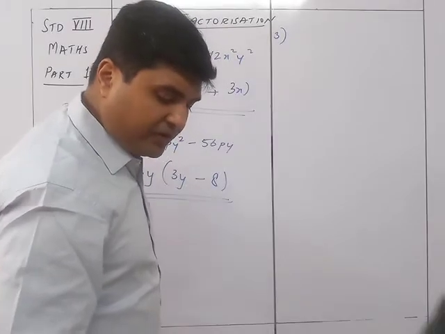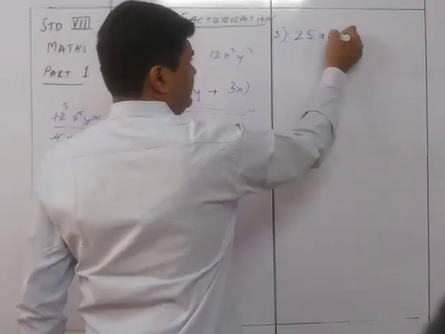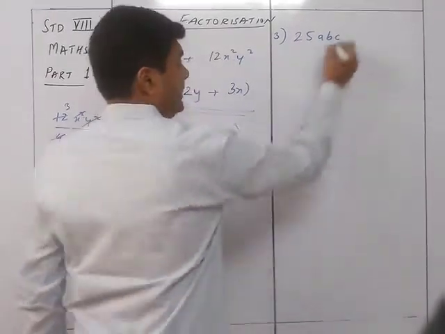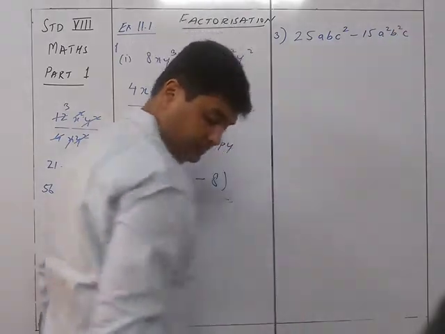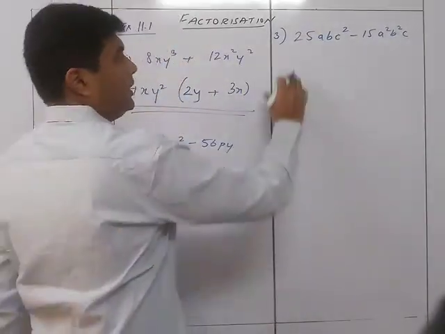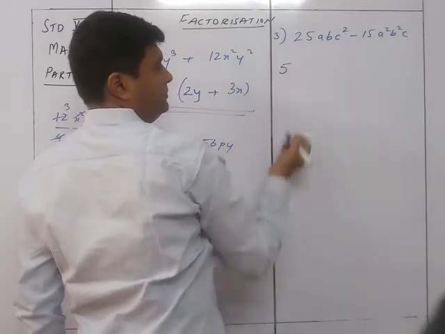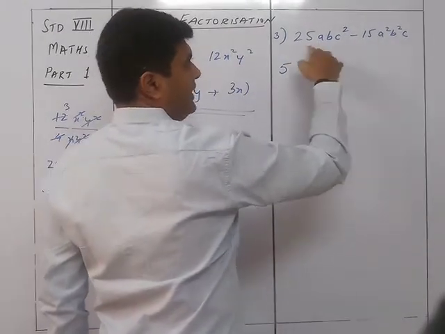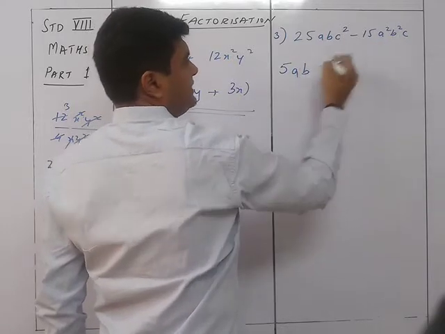25abc square minus 15a square b square c. Between 25 and 15, 5 is common, so 5 is common here. a and a square, a is smaller. b and b square, b is smaller. c square and c, c is smaller.